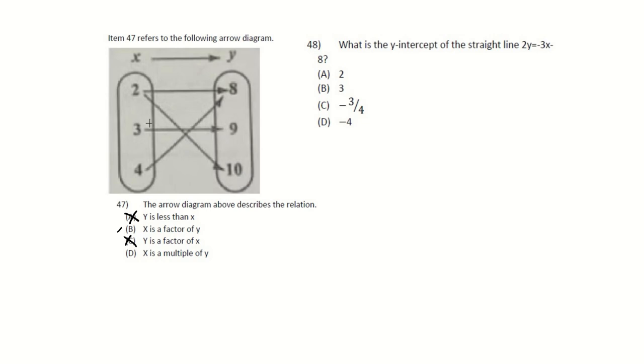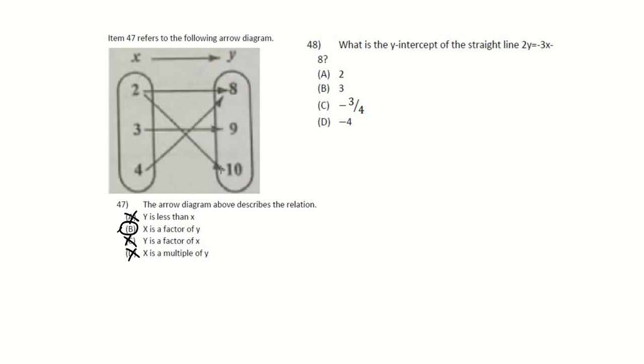If they said y is a multiple of x, you have to look at the options and see. If you look at y, when you multiply y by any value, would you get 2, 3, or 4? Look at 8. 8 multiplied by an integer, will it give you 2? No. So it cannot be that.